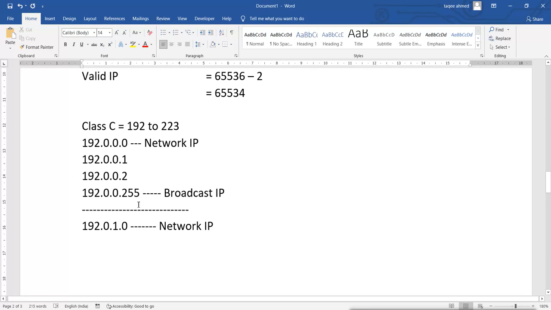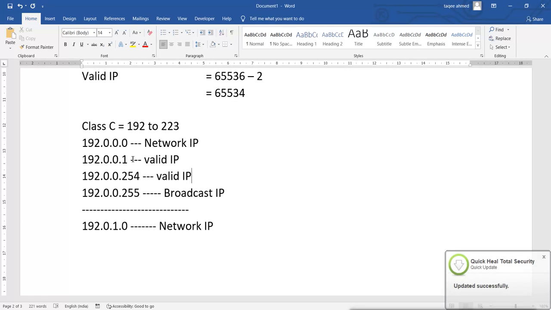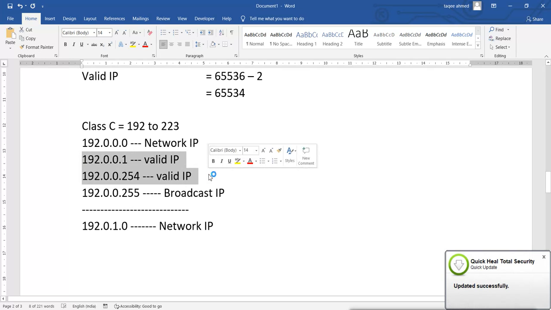So your valid IPs will only be from here to 254. So you are getting only this number of valid IPs, and what you are getting more of is networks.